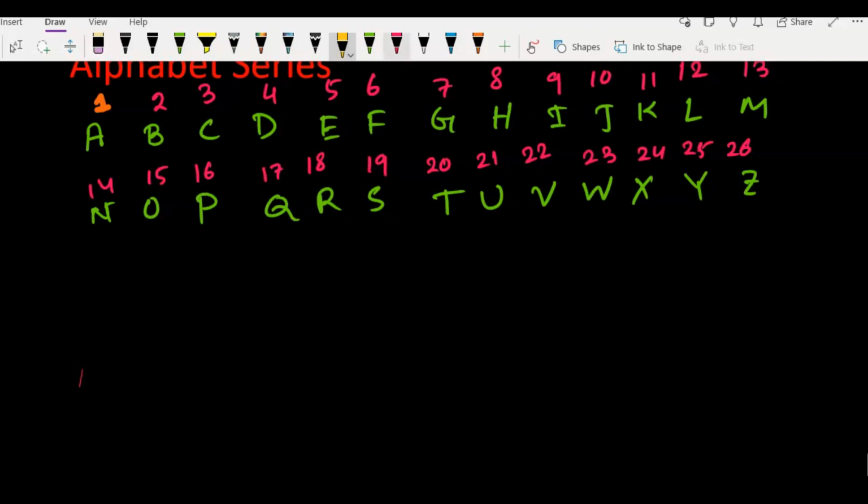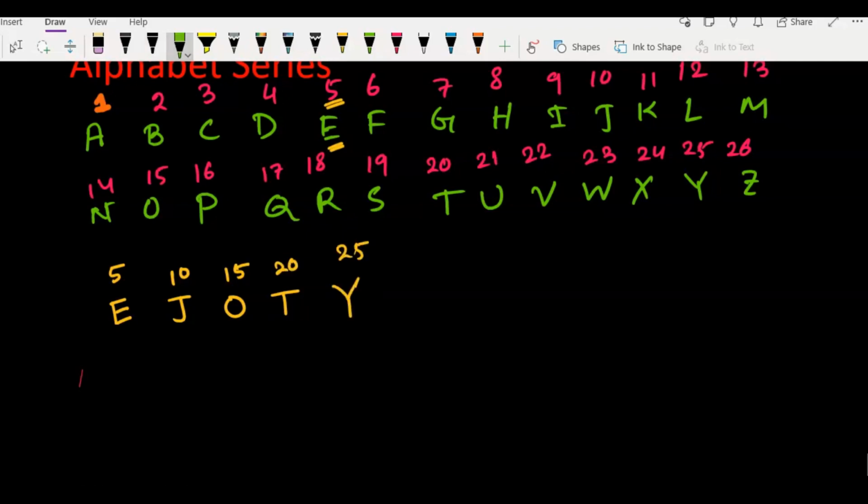So first we will start from some letters. See, for E the place value is 5, for J the place value is 10, for O it is 15, for T it is 20, and for Y it is 25.